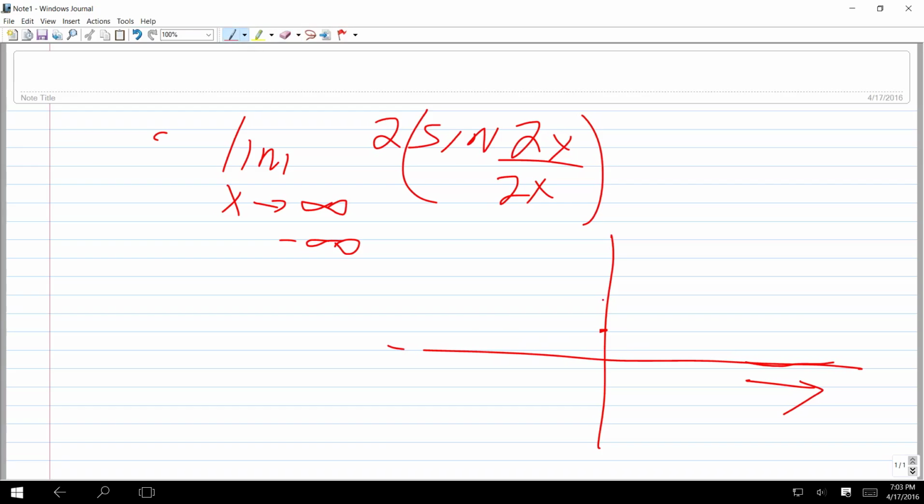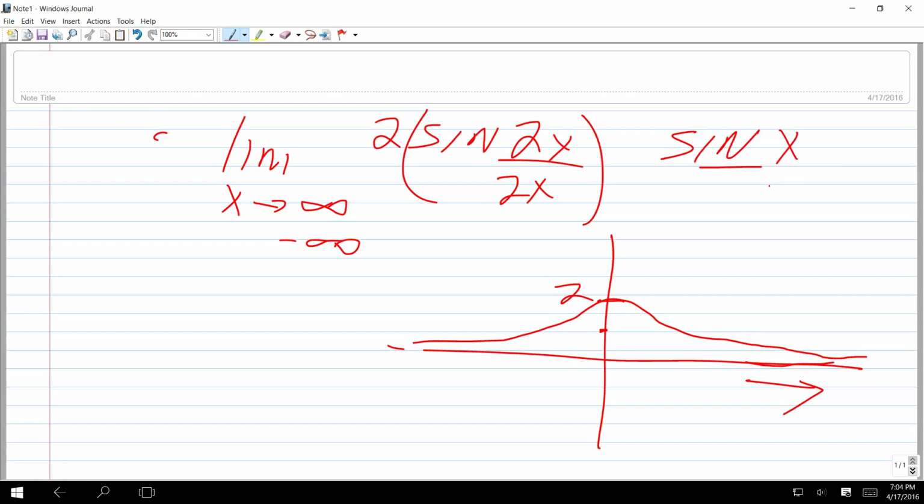It would go up to 2, but it would still go to 0 as we went to infinity or negative infinity. And you can kind of see it from the graph. I guess there's really no other way to figure this out other than when you think about it.